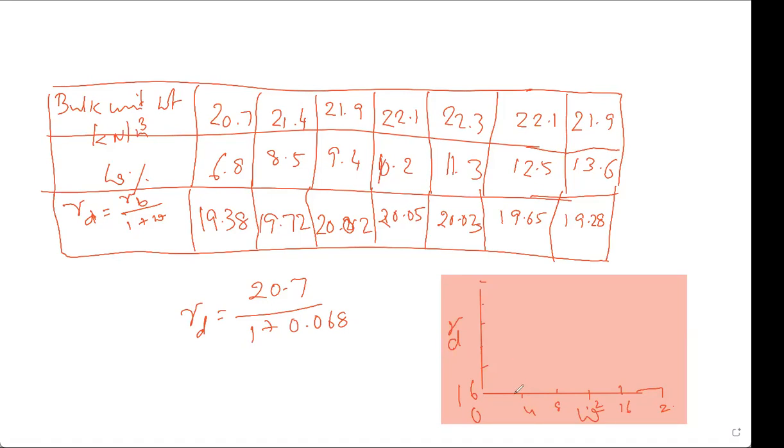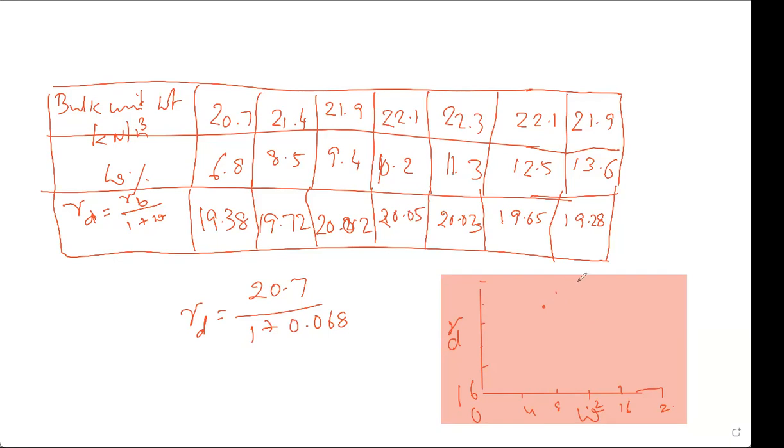Say water content 6.8, dry unit weight 19.38, somewhere here you will get. This is the point. Like that, mark all the points: 8.5, 19.72; 9.4, 20.02, like that.